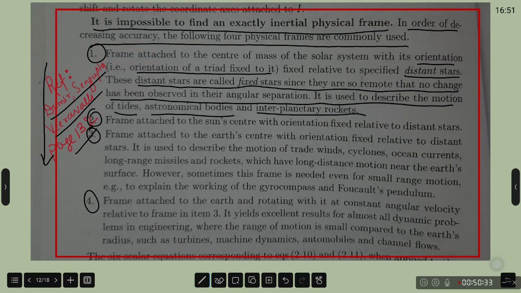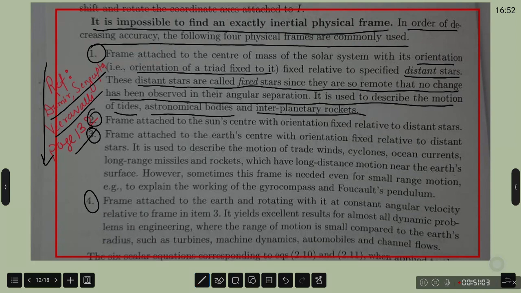So if we are planning to send a rocket to Saturn, we will apply Euler's axiom because our rockets will be treated as rigid bodies. Euler's axiom will need an inertial reference frame, and for astronomical bodies and interplanetary bodies, this is the inertial reference frame that we have been using.